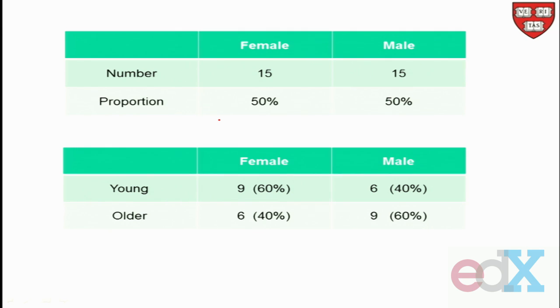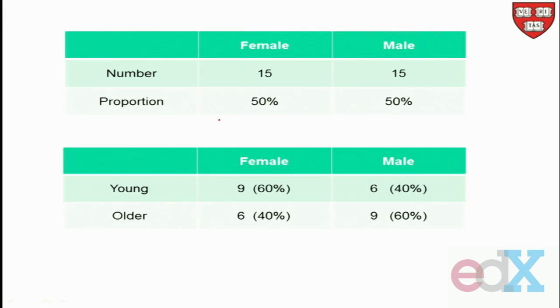And for the males, it's the opposite: 6 are young and 9 are older. So not only do we need 50-50, but if it's going to be representative, we've also got to have that amongst the females 60% are young and 40% are older, and amongst the males 40% are young and 60% are older.